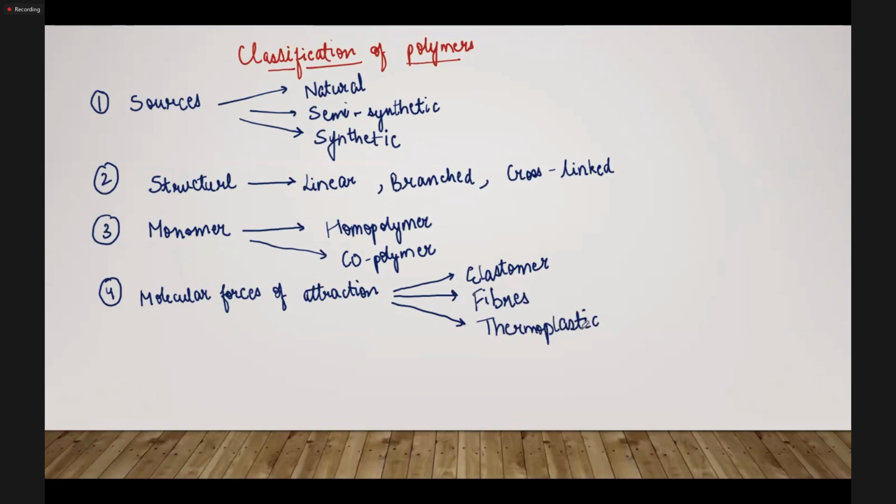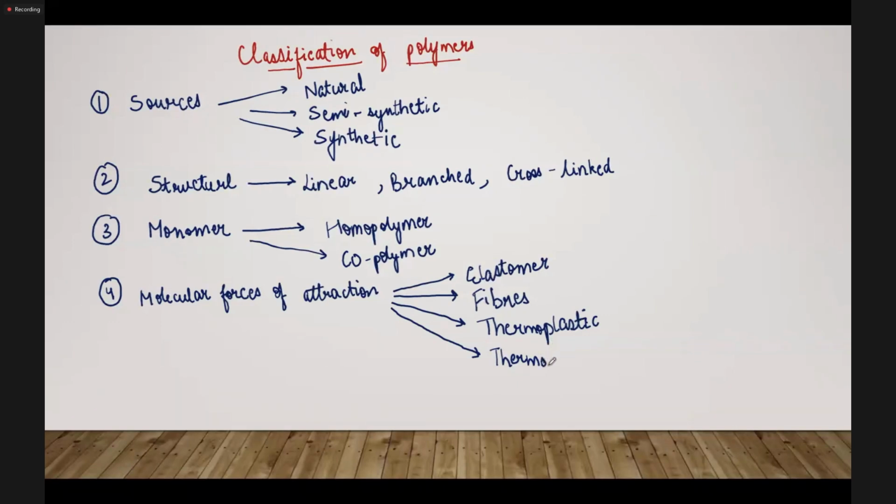So these thermoplastic polymers have this special property that they will soften when you increase the temperature, and on decreasing the temperature, they will harden again. Every time you increase the temperature they will soften, and every time you decrease the temperature they will harden. They can instantly react to the change in temperature.